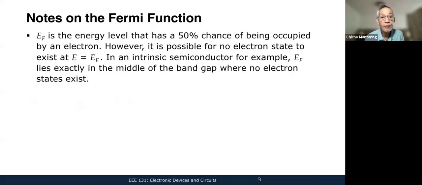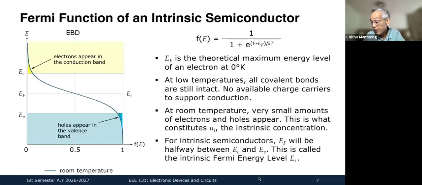Okay, just some notes. E of F is the energy level that has a 50% chance of being occupied. However, it is possible for no electron state to exist at E equal to E of F. So that is very much depicted by this.